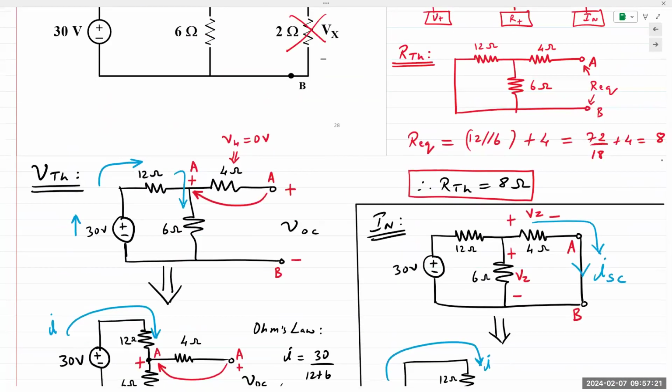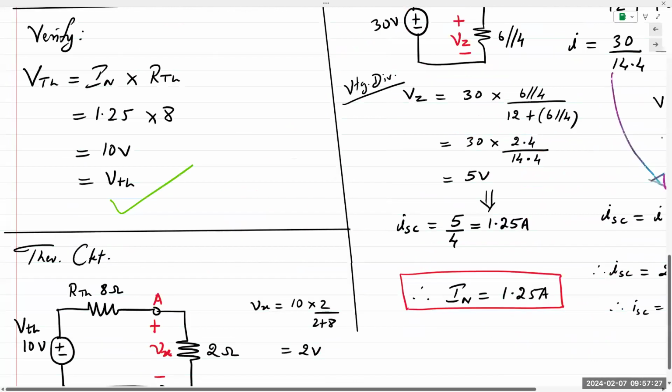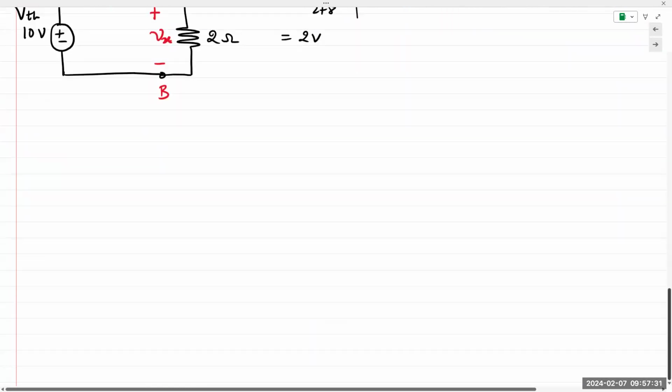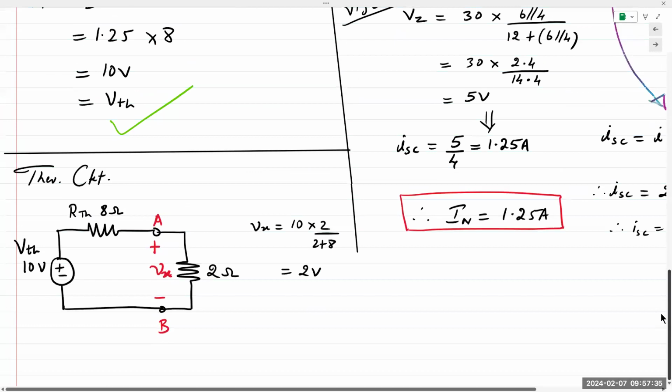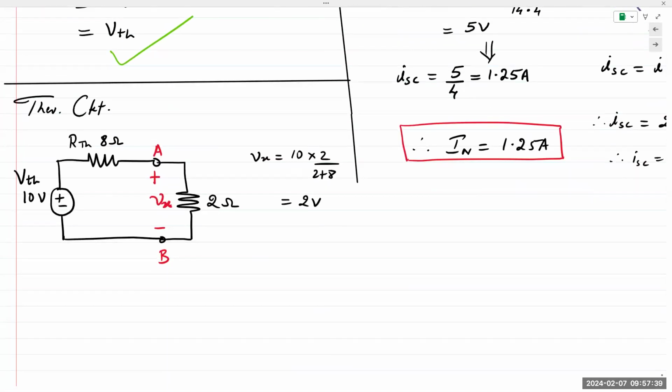So it was given as Vx in the original diagram. Our Norton circuit should look like this. Hold on, I'll draw it out here.